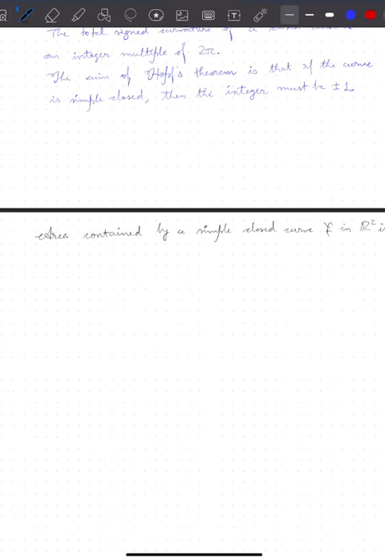And this is given by A, which is the area bounded by this simple closed curve, equal to the integral over the interior of gamma vector of dx dy.